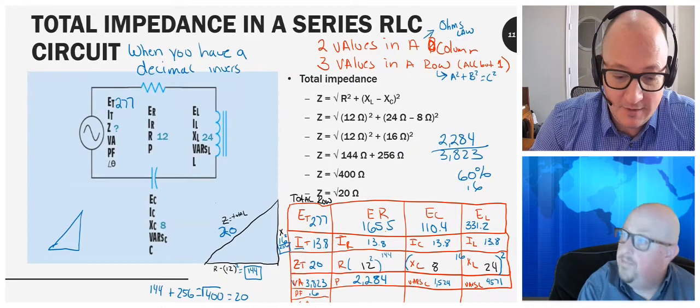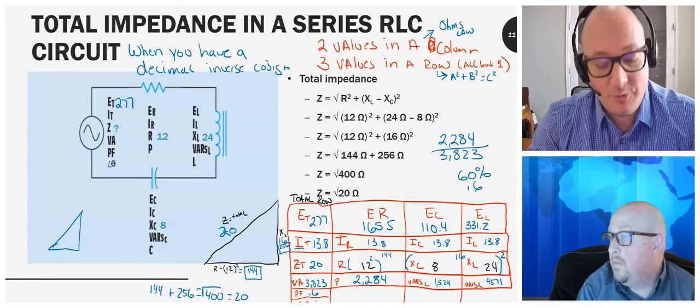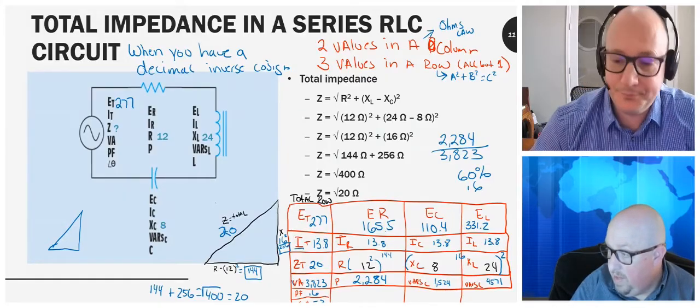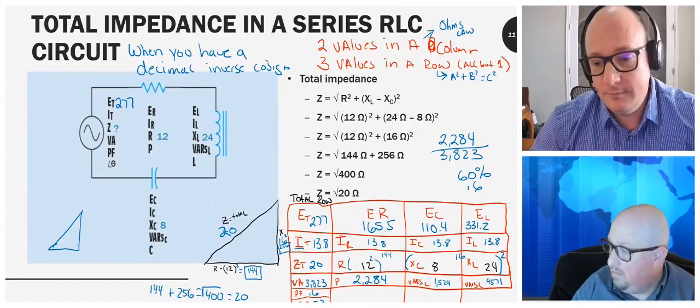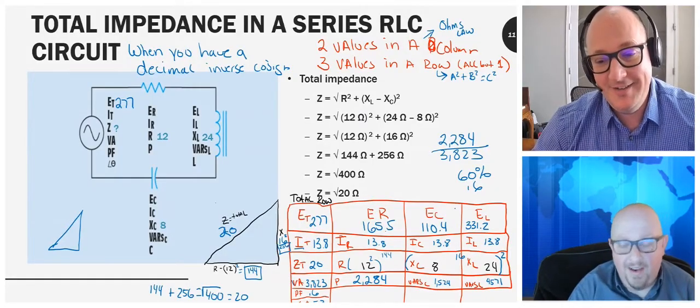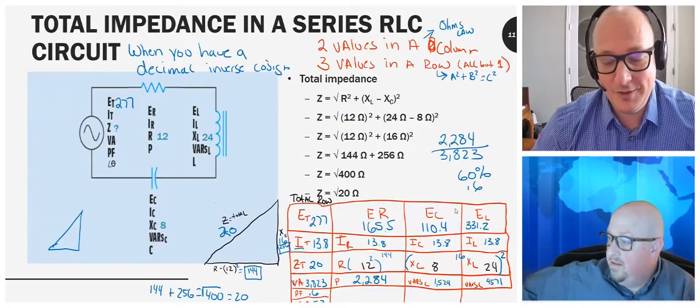Punch in 0.6, and 53 degrees is the phase angle separation between voltage and current. So voltage is leading the current by 53 degrees.